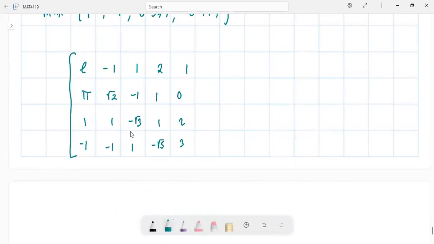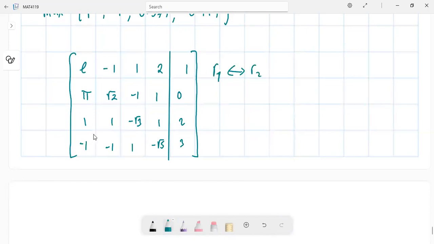So this came as a result of interchanging the rows. The operation here, I'm going to write it here: row 1 interchanging with row 2. You need to show that.